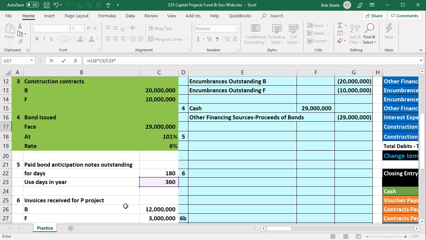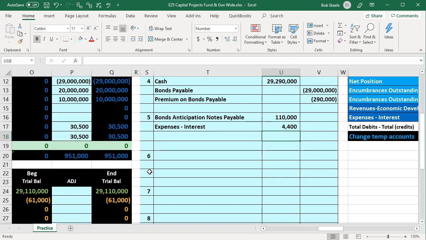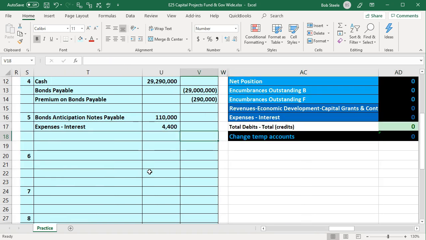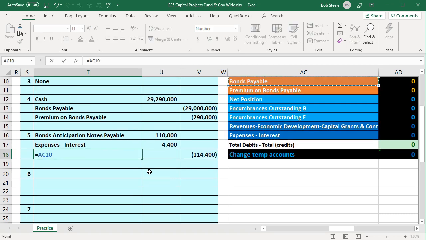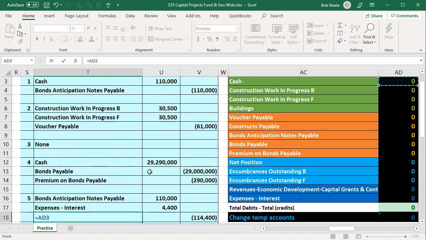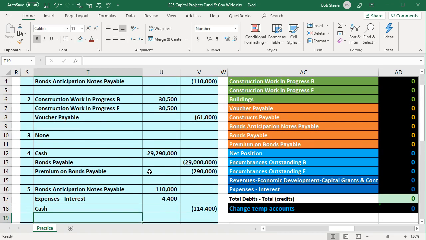And then we're going to multiply it times the number of days in the loan, 180. And there we have that. There's the 4,400. Then we're going to take the negative sum on the credit side, the negative sum, the plug formula, and that picks up the credit. 114,400. That's how much cash we're going to pay on the bonds anticipation note payable. So there we have that.